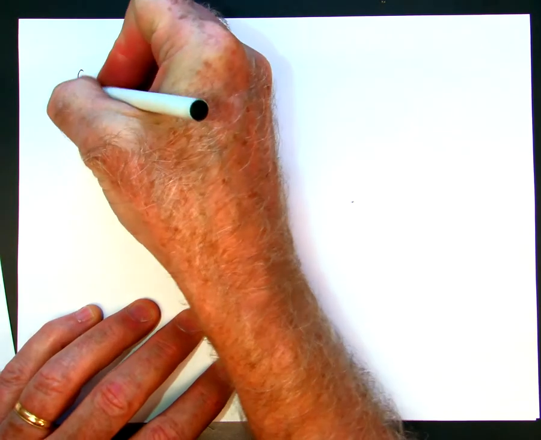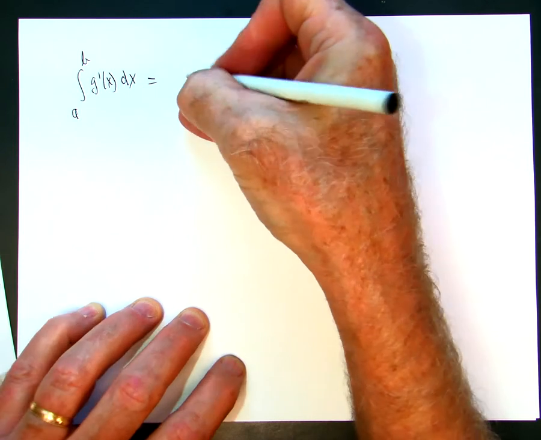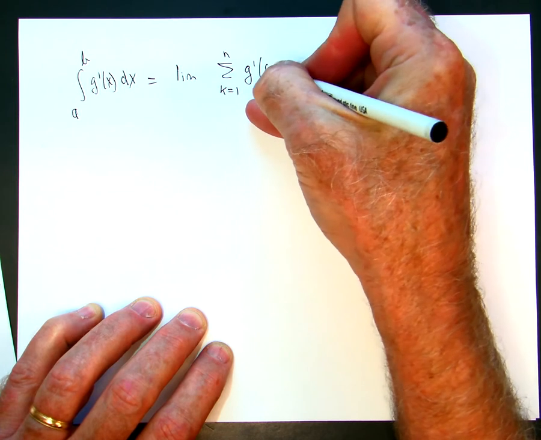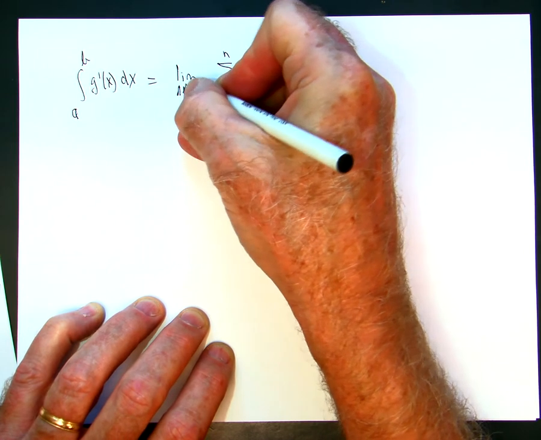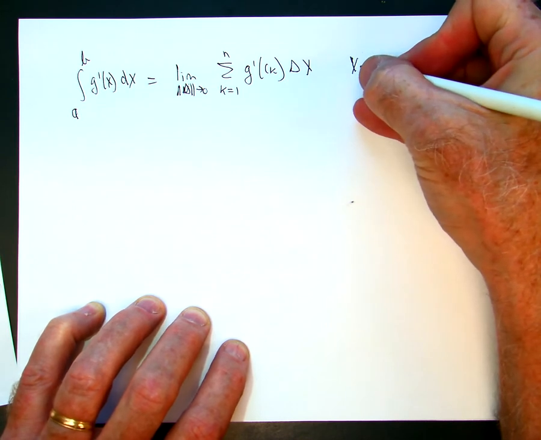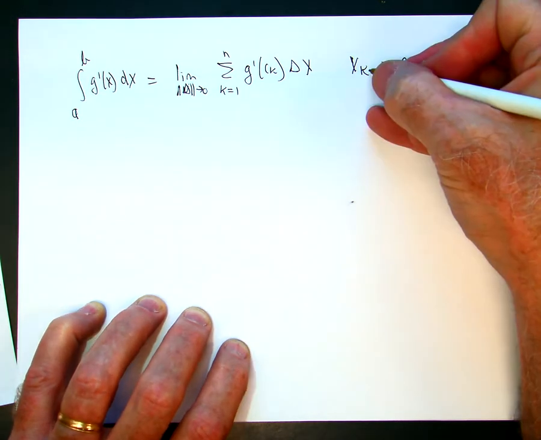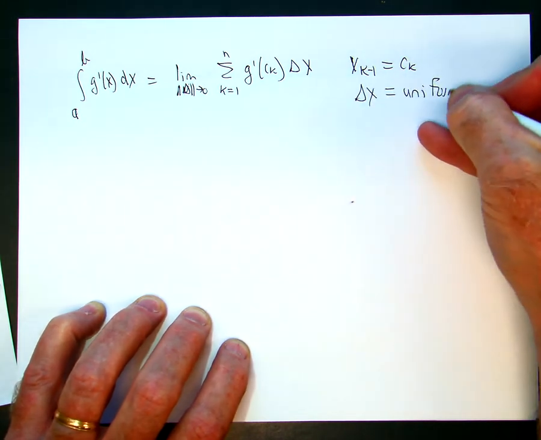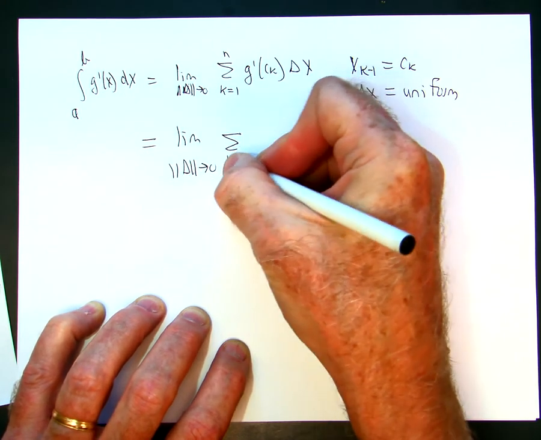So we have the integral of g prime x dx from a to b equaling the limit of this sum, and I'm going to use x_k equals c_k minus 1, and delta x is uniform. So we wrote it this way.